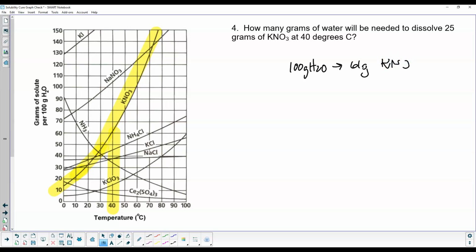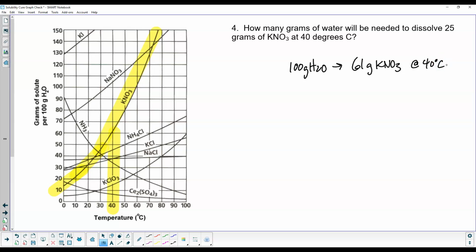Let's give the pen another shot here. So we said 61 grams of KNO3 at 40 degrees Celsius, right?